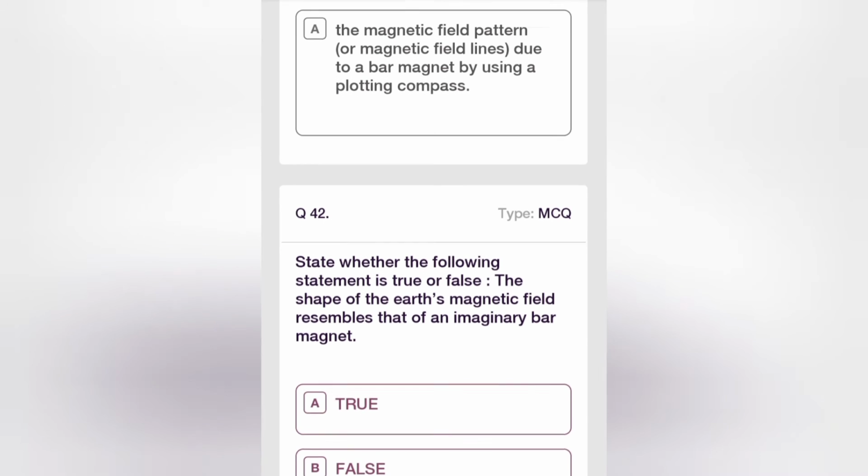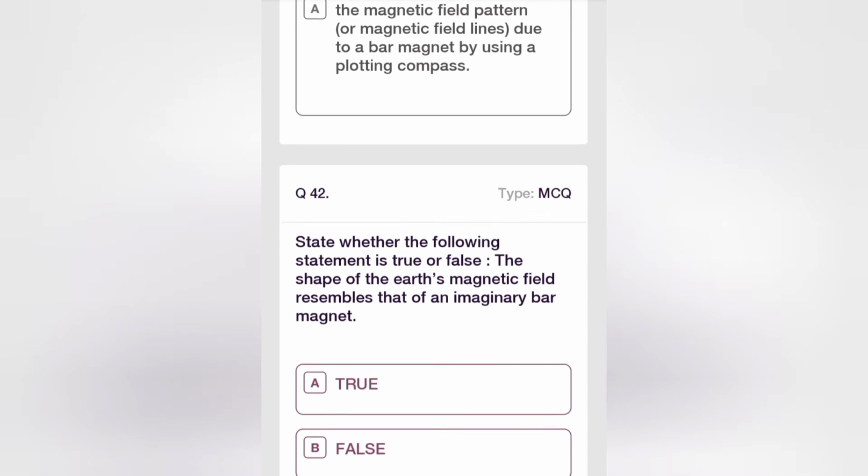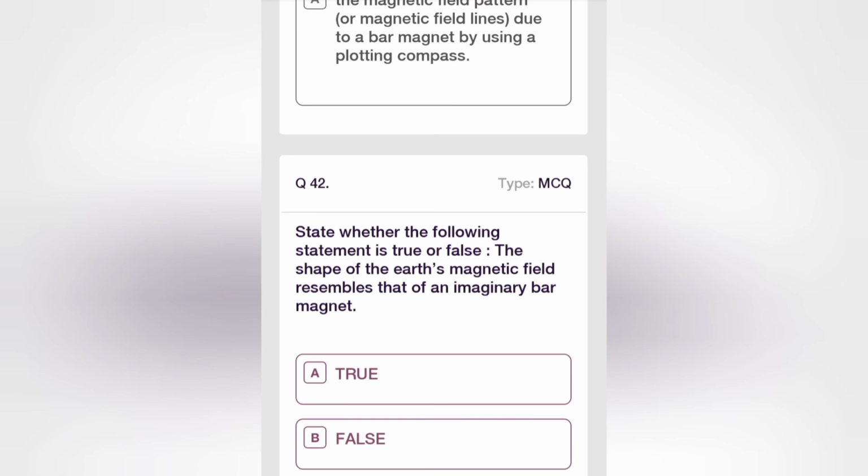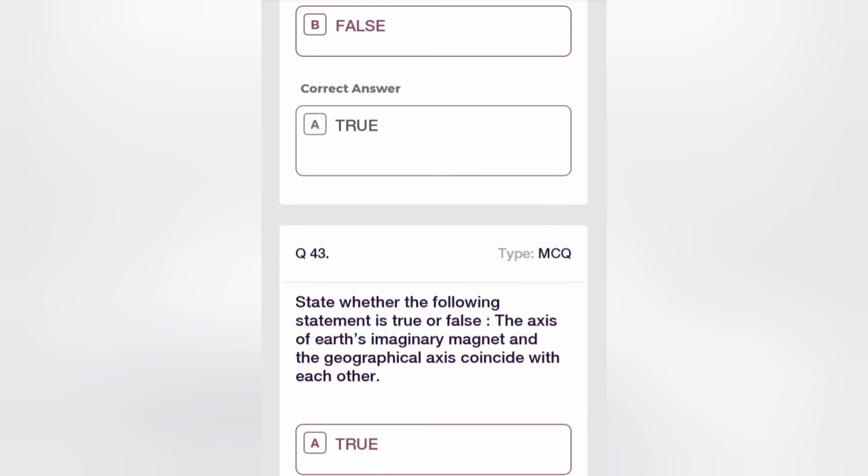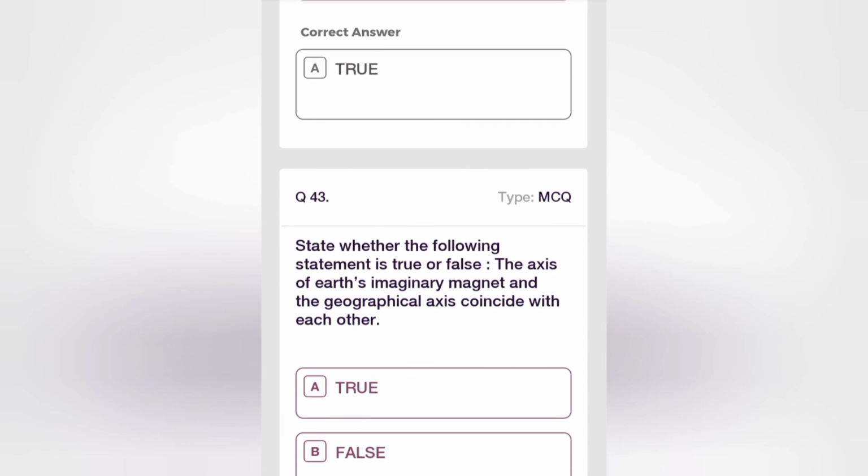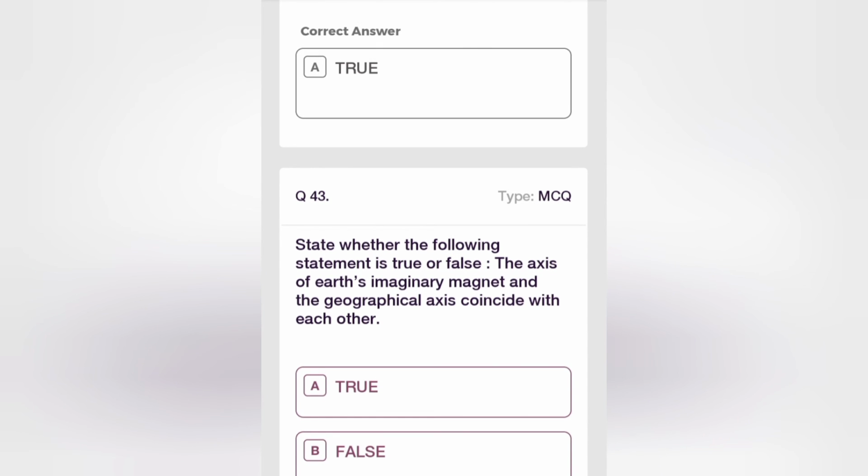State whether the following is true or false. The shape of the Earth's magnetic field resembles that of an imaginary bar magnet. Yes, it's true. State whether the statement is true or false. The axis of the Earth's imaginary magnet and the geographical axis coincide with each other.